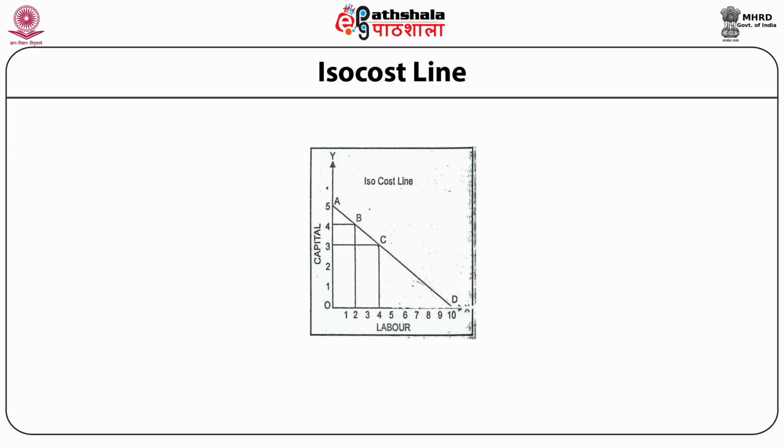Point B indicates 4 units of capital and 2 units of labor. Likewise, point C represents 4 units of labor and 3 units of capital. All the combinations, that is A, B, C and D, represent the same cost of rupees 100. Hence, joining them, we get the isocost line, that is AD.